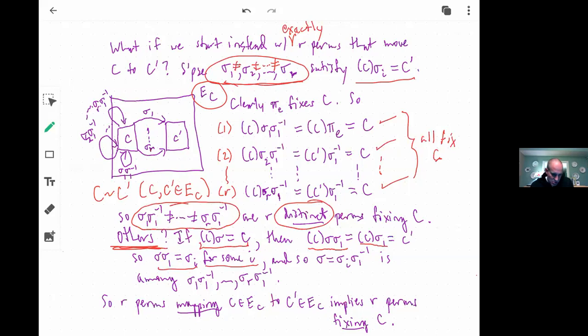So what does that mean? Well, if I multiply by sigma 1 inverse on the right, when I say multiply, I mean just apply it, compose it on the right there, then you get sigma is equal to sigma 1, sigma I, sigma 1 inverse, which is exactly among all of these guys that happen to be up here.